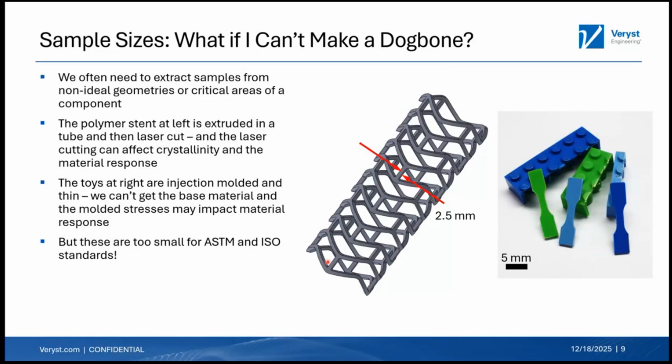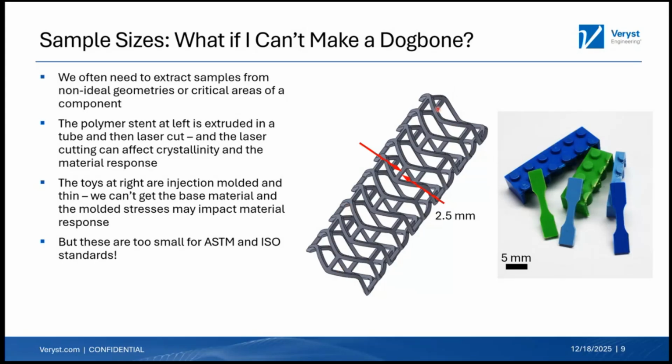The first one is what's shown here. This is what's called a stent. It can be implanted in an artery or a vein and help give it structural support. This one in particular is made out of PLLA, polylactic acid, a thermoplastic material.